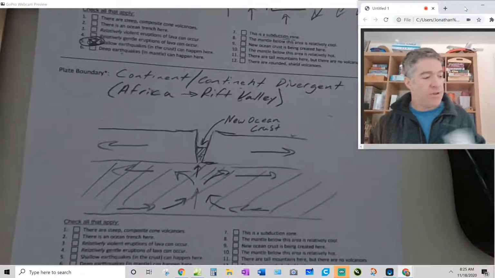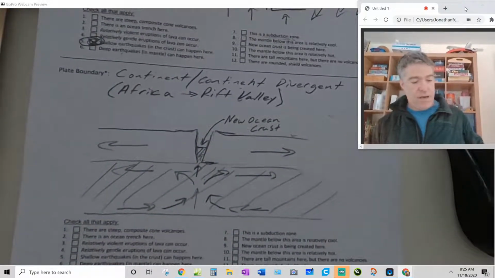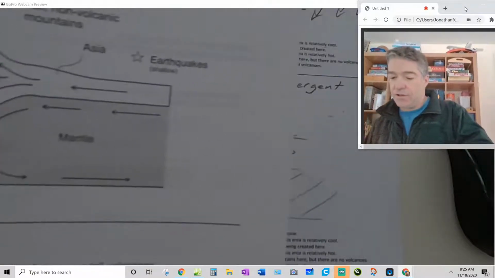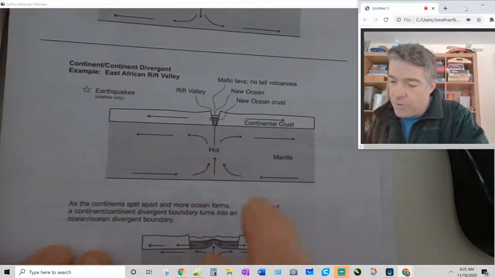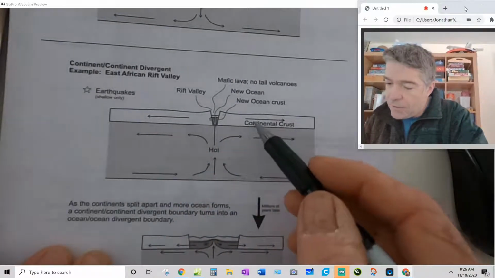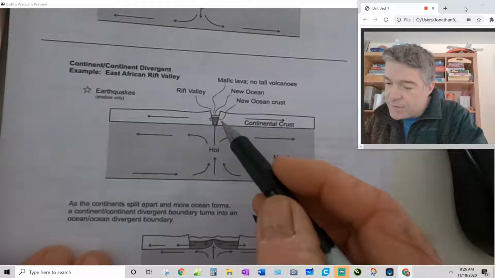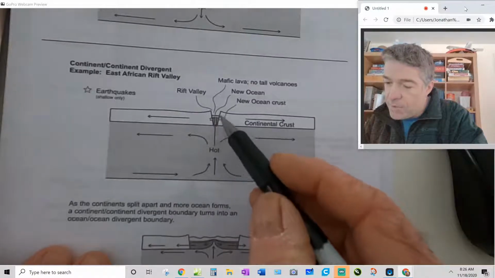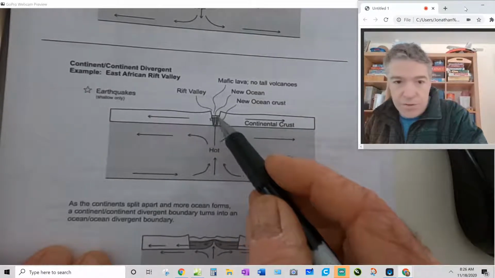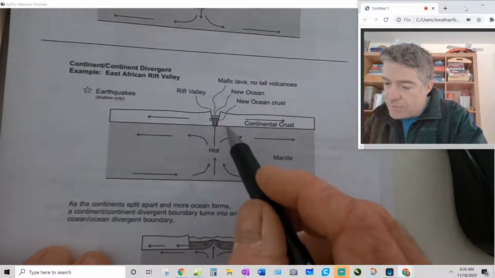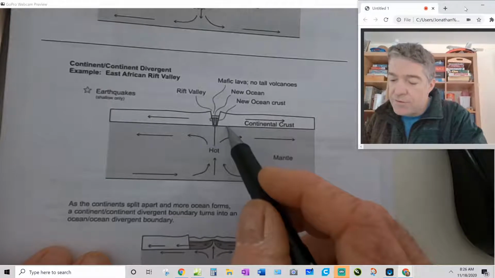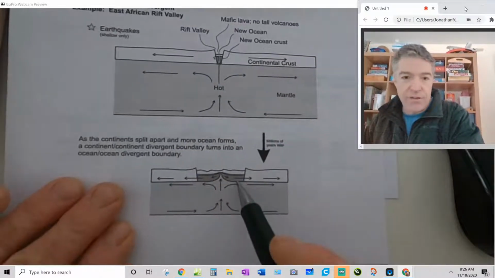So in the notes that I gave you, I have a picture of this that's done a little bit better. So here's a more careful drawing. We've got continental crust, the new ocean crust forming, the stuff coming up in between, and I've actually shown a little bit of water moving in and starting to fill this up. So this is what this looks like now, but 50 million years in the future, it's going to look like this.